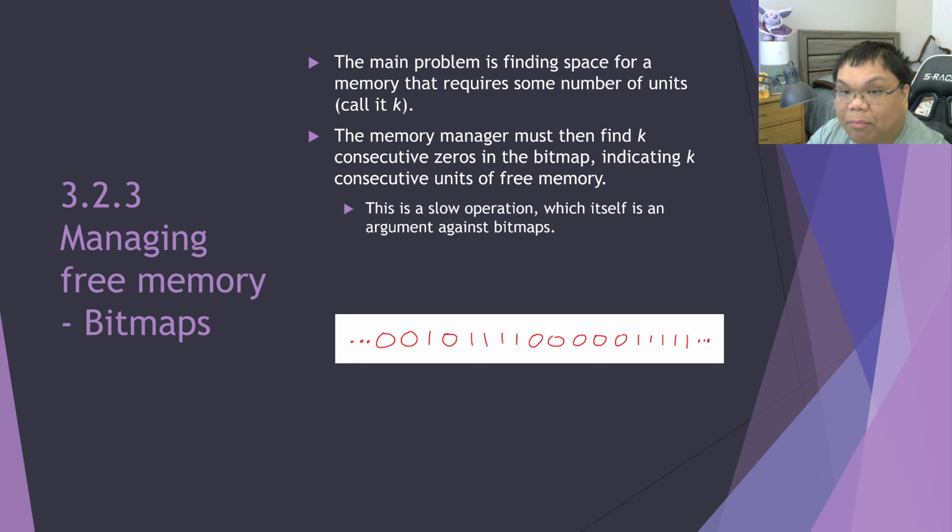This is a slow operation because you have to go from the beginning straight to the end, looking for some sequence of k zeros indicating, hey, we have free space here, let's put our process in there. This itself is a slow operation, and this is an argument against bitmaps.